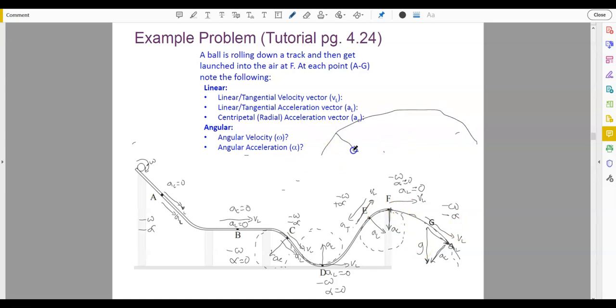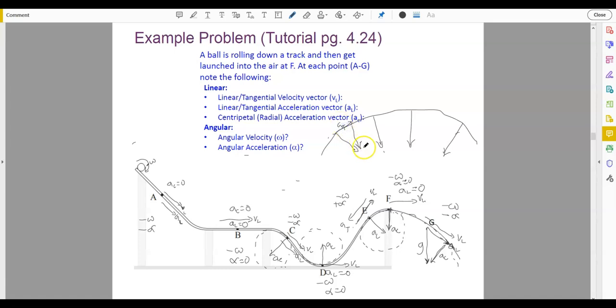It's going to have a g-directed vector there, a g-directed vector here, a g-directed vector straight down, and then over here at point G, it's directed there. Well, those are the culminations of an acceleration vector, a tangential acceleration vector, and a centripetal acceleration vector. And let me see if I can draw it correctly.